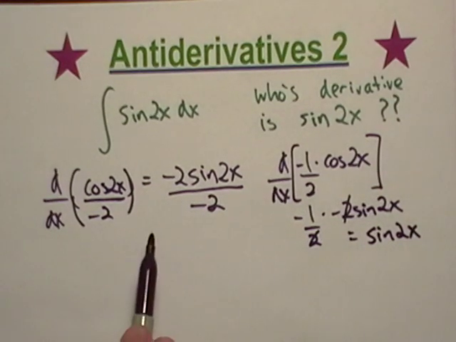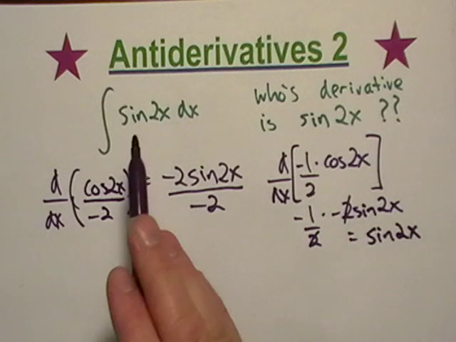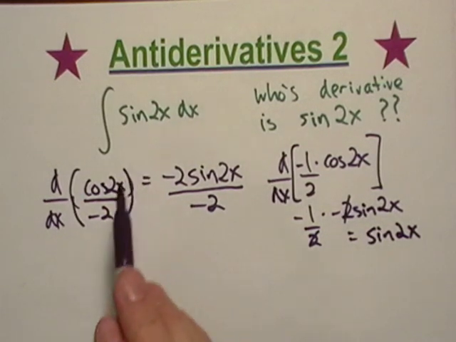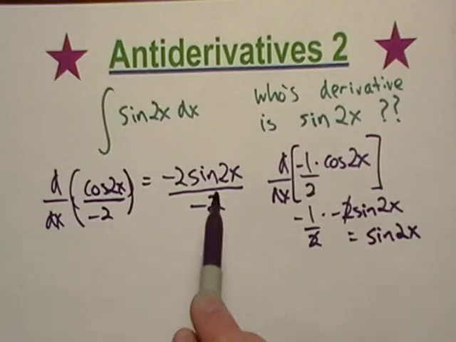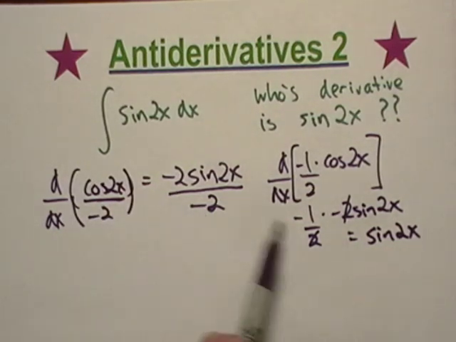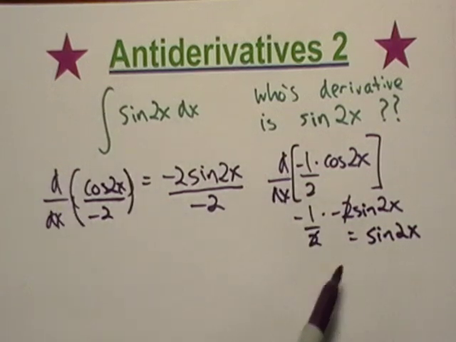So a good shot in the dark is that if I take the derivative of cosine, I'll get sine, so I'll start there, and then I'll just modify it until it works. I take the derivative, and it gives me back what I put in.